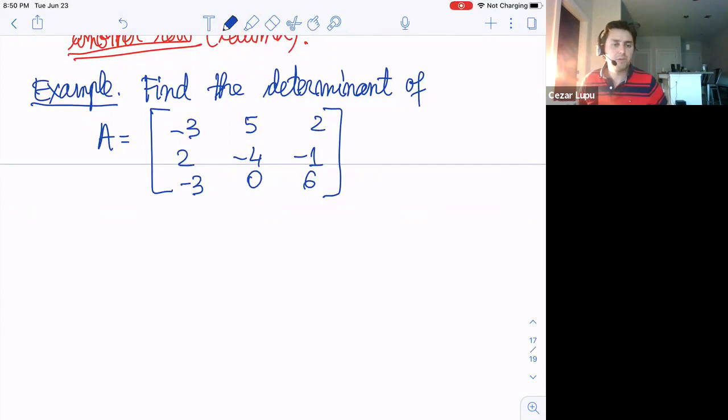But you know, by using the traditional approach with the minors, by just expanding over 1 row or 1 column. But let's forget about that for the moment, and let's use the properties that we have learned so far. So I want you to look at this matrix. I want to compute the determinant of A. I want you to look at it and tell me what you see.